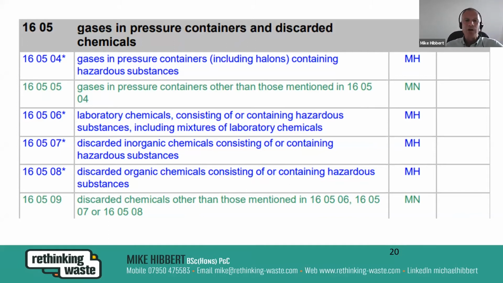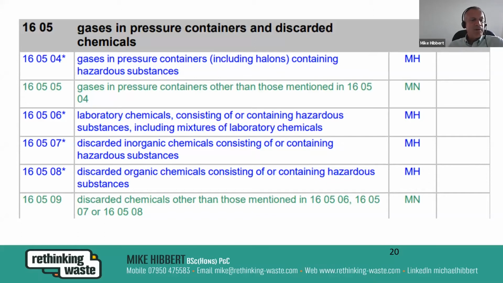And this is a mirror entry. At the bottom, 160509 is other than the above. It's probably worth pointing out that the guidance is laid out in colour form. If you only have a black and white photocopier, you can still tell which are hazardous waste because they've got the asterisks against them.